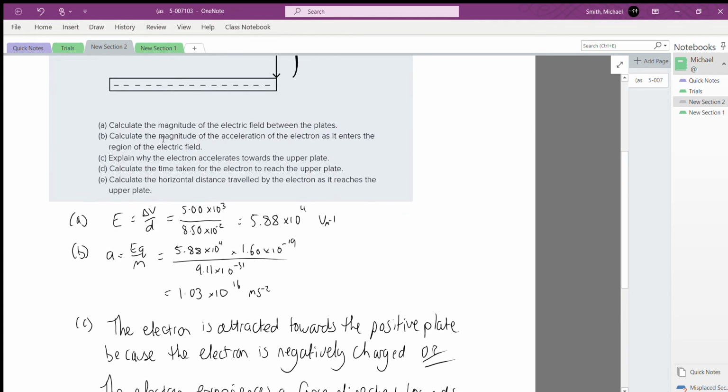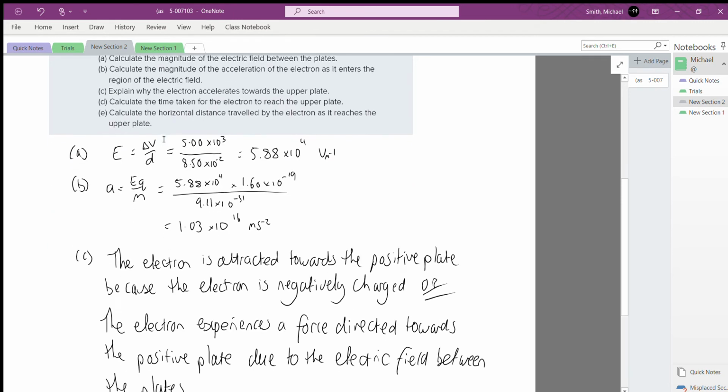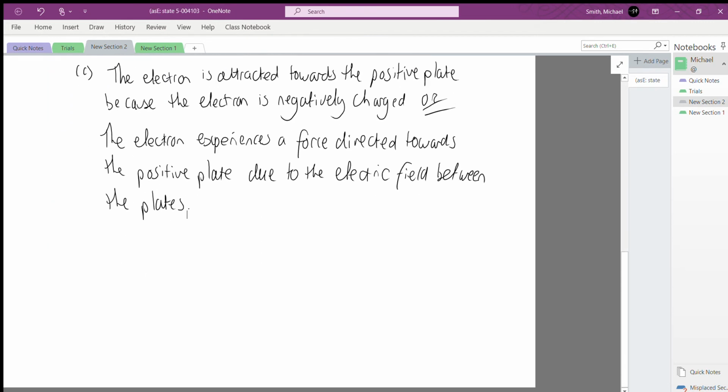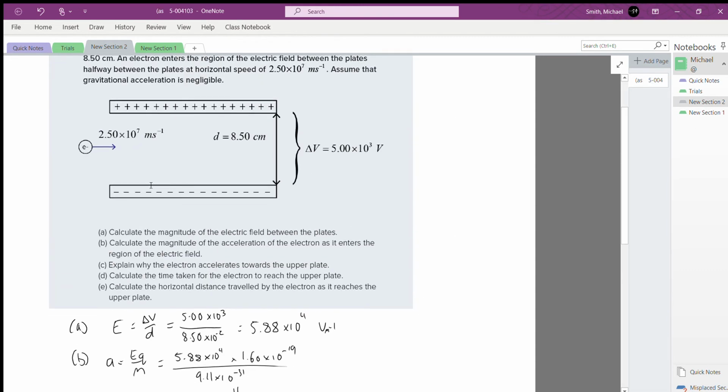Alrighty, so that's C. Part D, calculate the time taken for the electron to reach the upper plate. This is a straightforward SUVAT type question. So here we have v0 is 0 because we're only thinking about the component of the velocity in the direction of the acceleration.